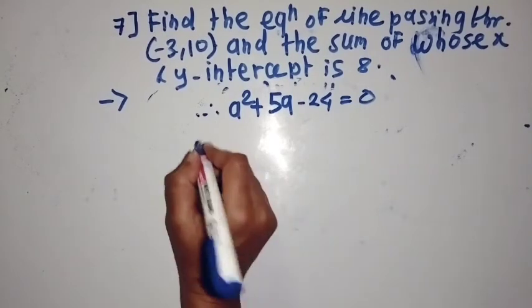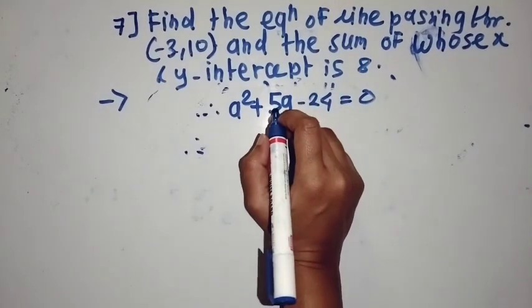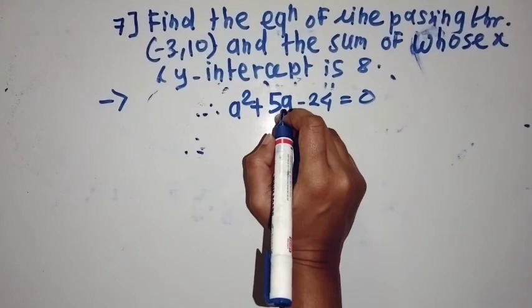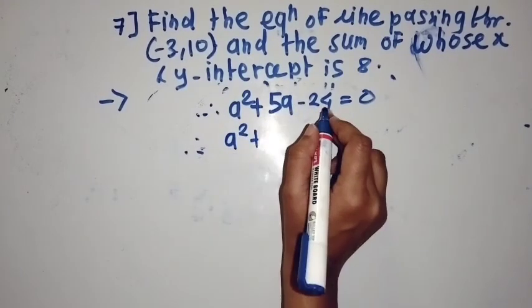But here multiplication is minus 24 and addition is plus 5. Hence we get 8 and 3.